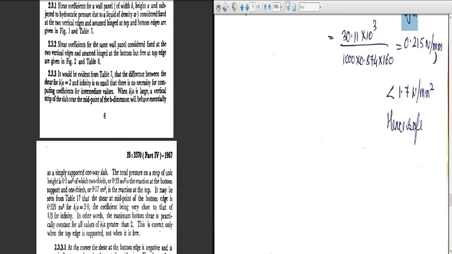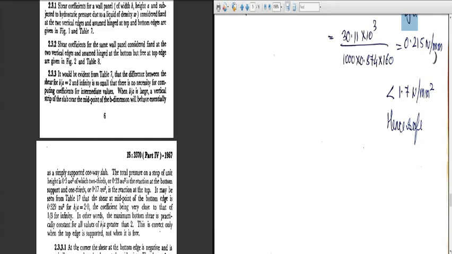When B by A is large, a vertical strip of slab near the midpoint of the B dimension will behave essentially as a simply supported one way slab. Total pressure on a strip of unit height is 0.5 W A square, of which two-thirds or 0.33 W A square is the reaction at the bottom support and one-third or 0.17 W A square is the reaction at the top.